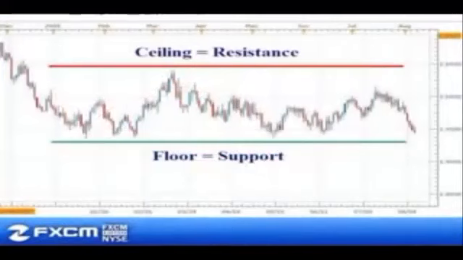So as we can see here, I've got a green line as my floor. This is a support level. This is where as prices drop, those who are willing sellers are seeing this become lower and lower and lower. They're no longer going to want to sell because they want to sell at a higher price.